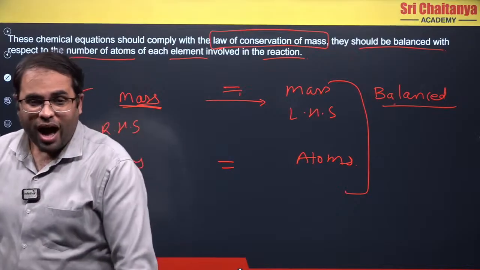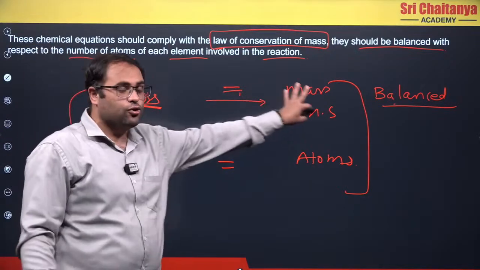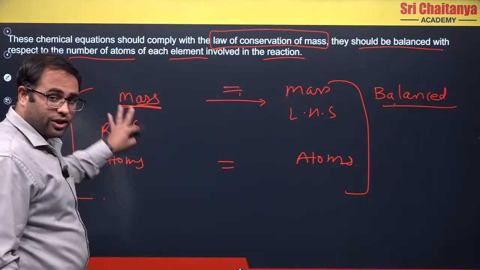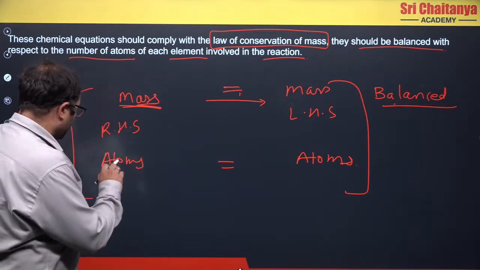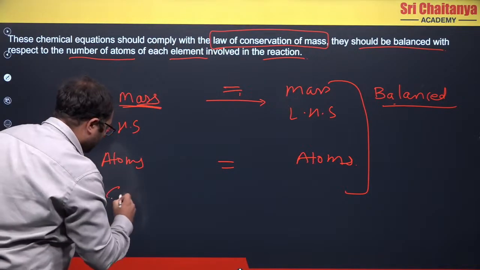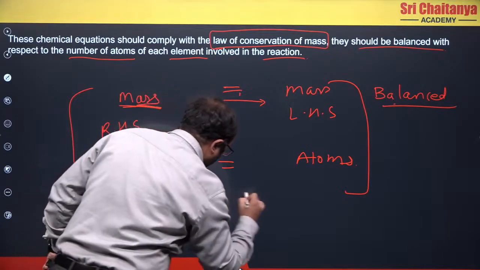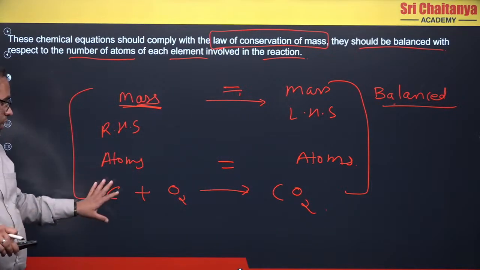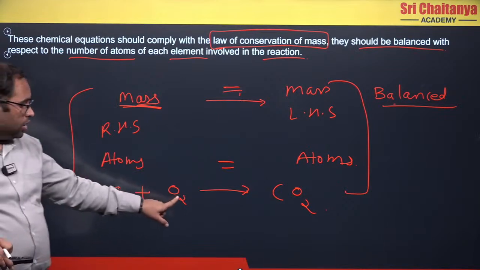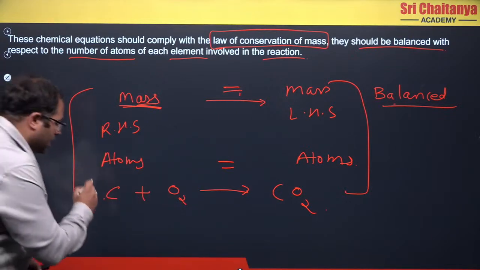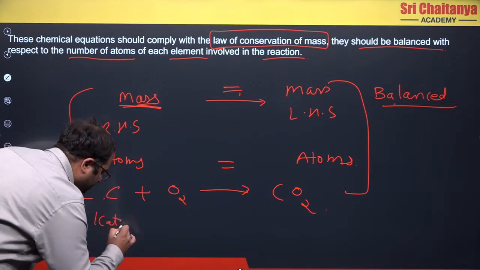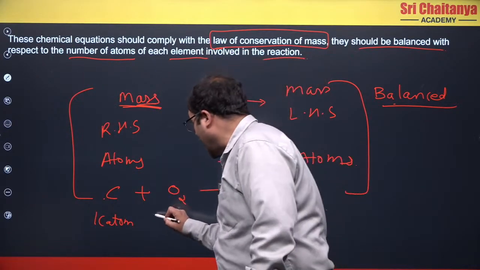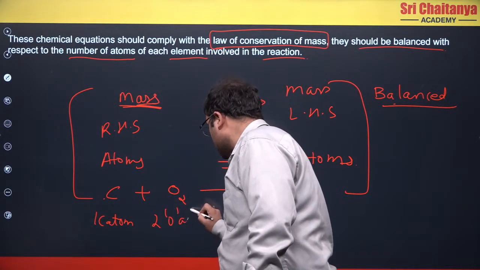So the mass of everything on this side should be equal to the mass on this side, and the number of atoms on this side of a particular species. Suppose you have carbon plus oxygen forming carbon dioxide, right? What I mean by number of atoms: I have one carbon atom here, and here I have two O atoms.